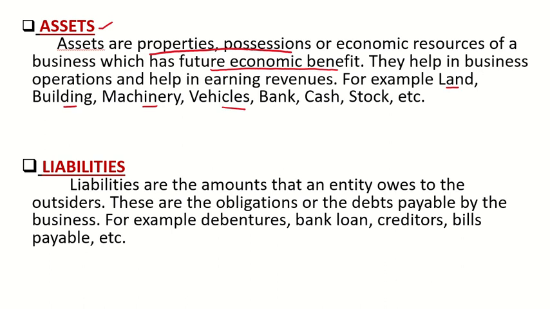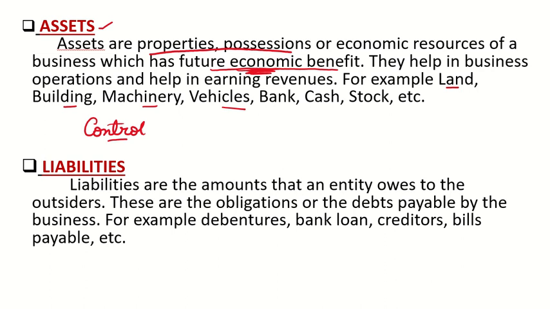Because the company has control over it and it has a future economic benefit. These items are known as the assets to the company because it possesses all these things.